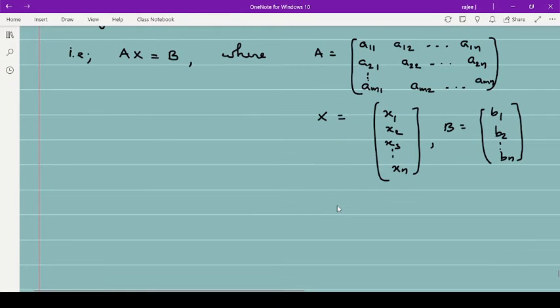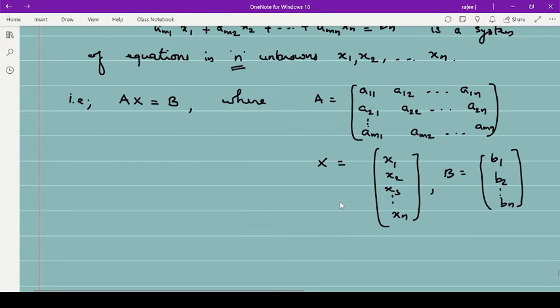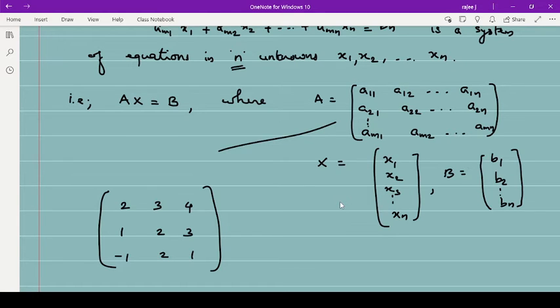That is the Ax equal to b form. In short, say I write the coefficient matrix with rows 2 3 4, 1 2 3, and minus 1 2 1, and here x1, x2, x3 equal to 1, minus 1, 2.